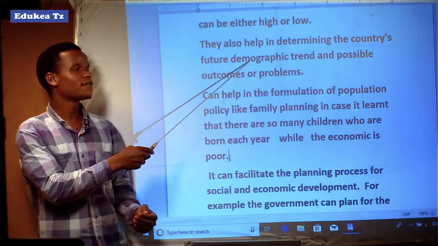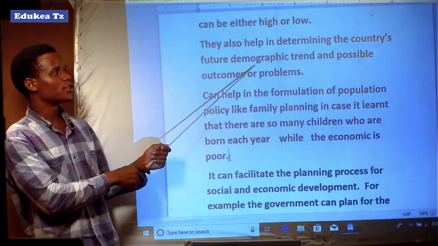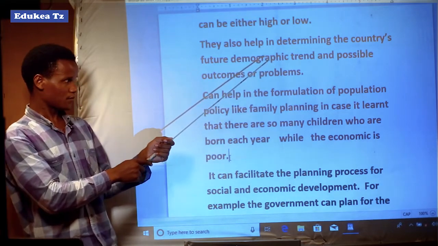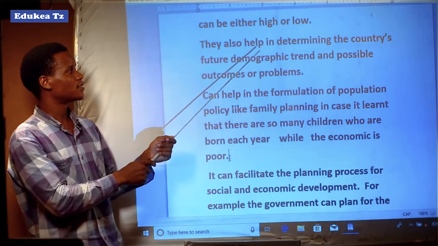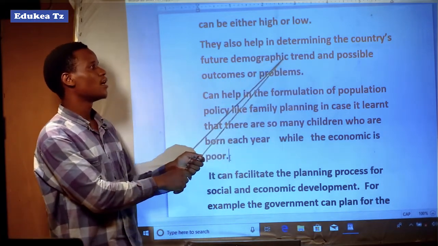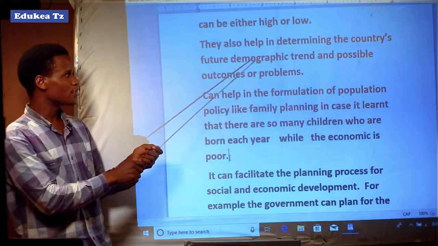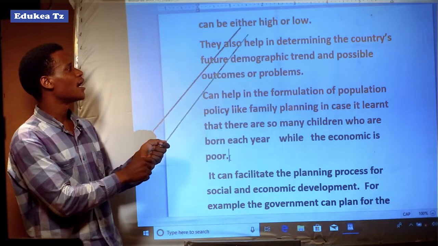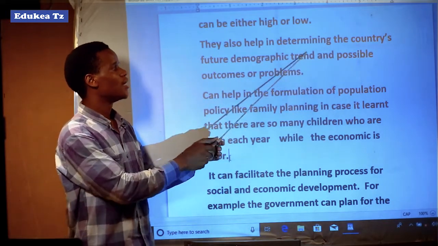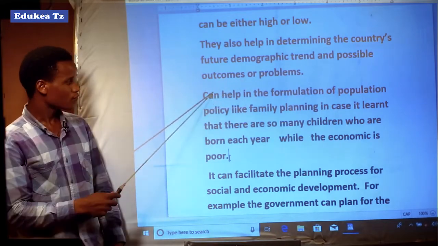Demographic refers to the scientific study of the population. Demographic trends differ from place to place according to time. So through population structure, we can understand the demographic trend of a certain population and the possible outcomes or problems.